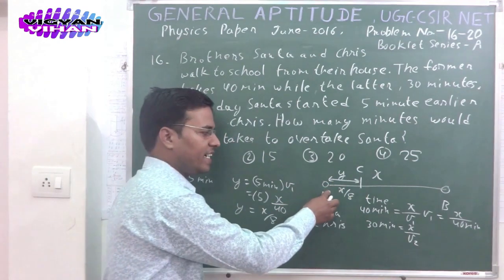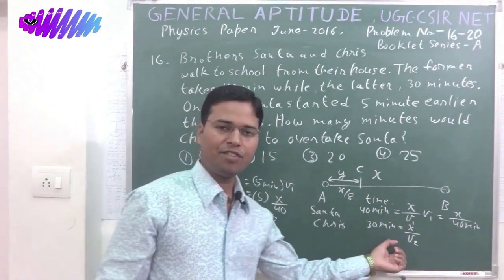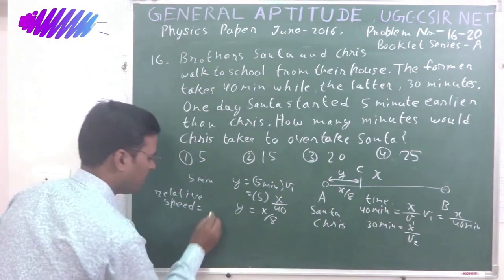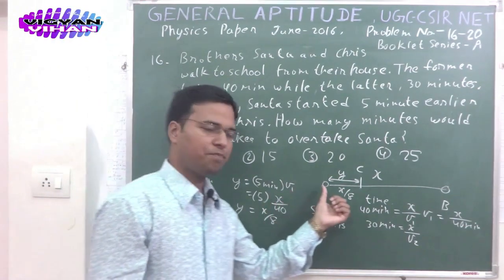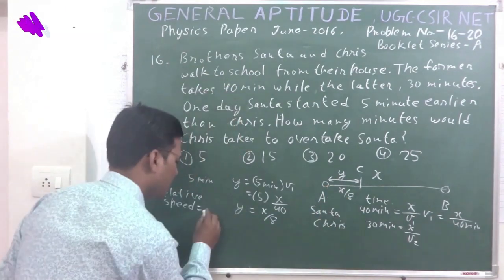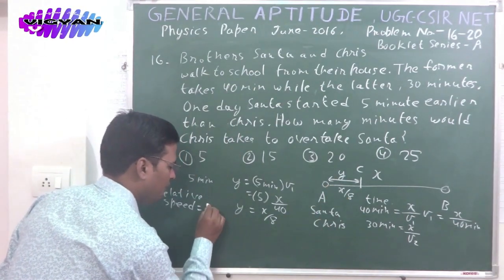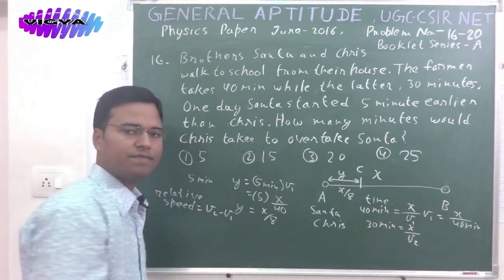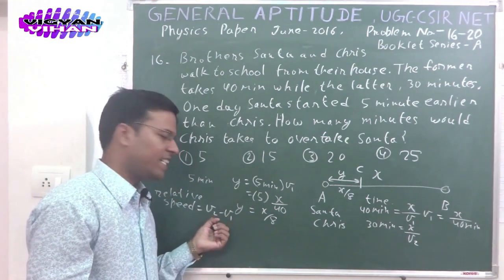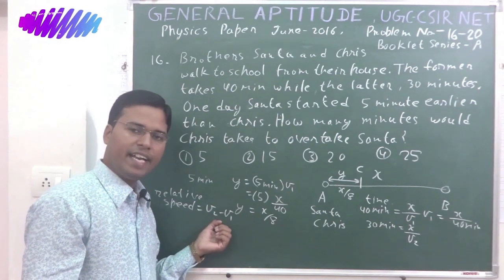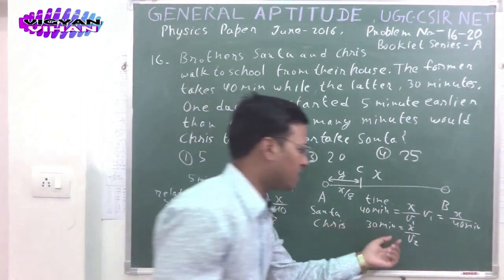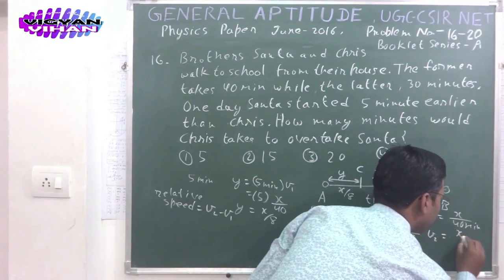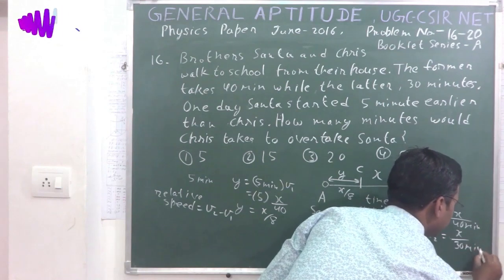Then Chris started with speed v2. The relative speed of Santa and Chris will be equal to the speed of the latter, which is v2, minus the speed of the former, that is v1. Then we can calculate this speed using v2 equals x upon 30 minutes.